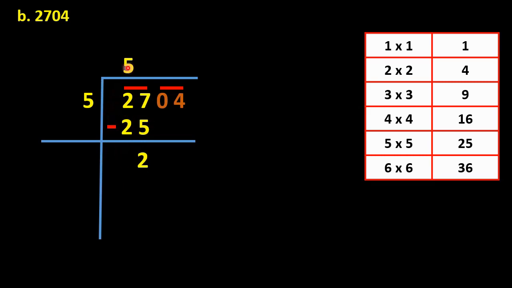Then we have to add this here, so it will be 5 plus 5, which is 10, and we have to leave a space here, and then we have to bring the second period down.